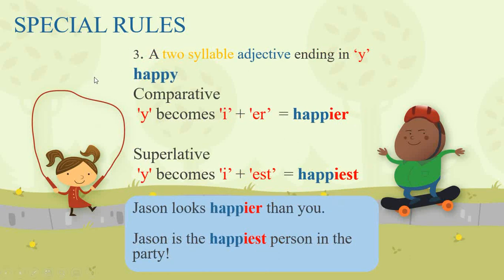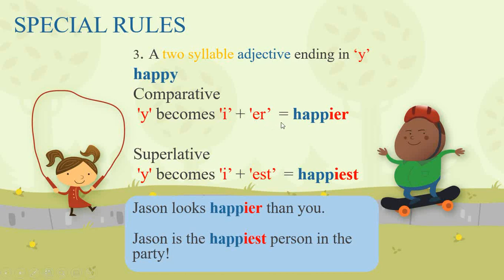Special rule number 3: a two-syllable adjective ending in the letter Y. For example, we have happy. It has two syllables, happy. Then, to build the comparative form, we have to replace Y with I plus ER.